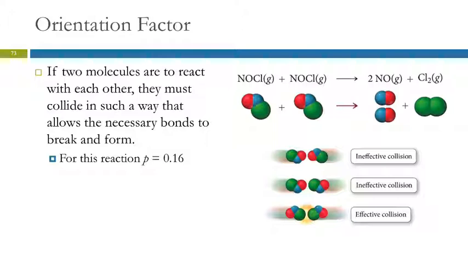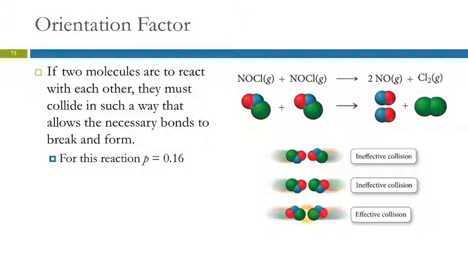So they have to collide in the right orientation. You've got these molecules zinging through space, and they're probably rotating as well. So how do you predict whether the collision is going to be the correct orientation or not? For this particular reaction, they can measure that orientation factor and find that it's 0.16. That's kind of low, right?